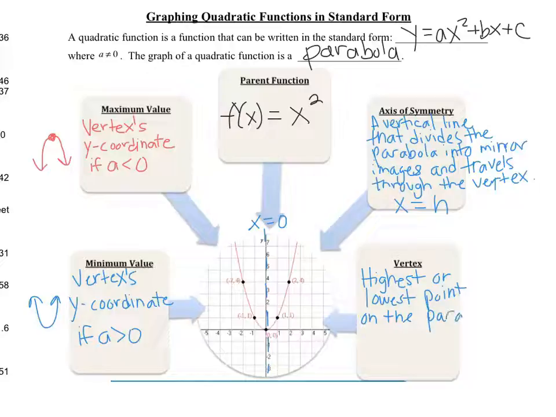It's the center point. The only one that doesn't have a partner pair that shares a y value. In general, we're going to refer to its coordinates as h, k. So here on the parent function the vertex is at 0, 0.